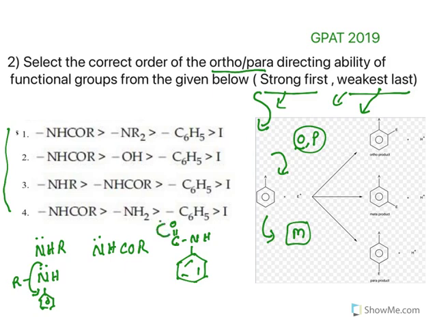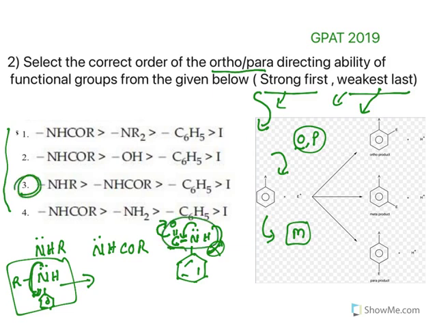Oxygen's electronegativity is more, so electrons will be pulled from the carbon. So there is a little deficiency of electrons on carbon, and these electrons are pulled towards the carbon rather than coming to the ring. They will most probably be going there. So when you see both of them, NHR will release electrons to the ring more easily than amides. So this is the answer.